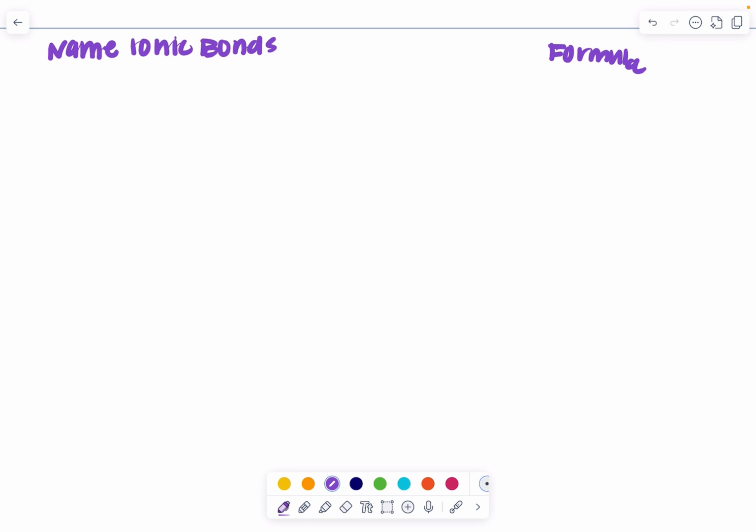But the way that we name is we always put the cation before the anion. So whichever one has the positive charge is going to be named first. Okay? And really important, the name stays the same.